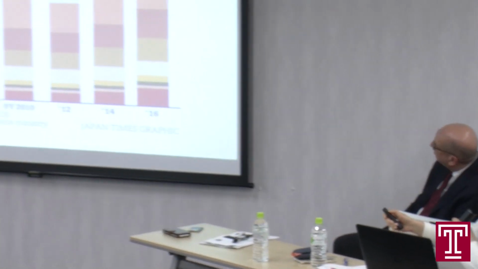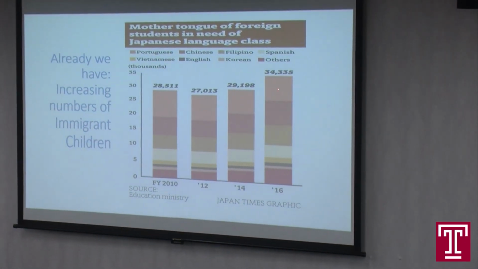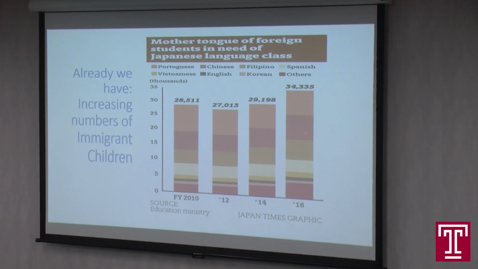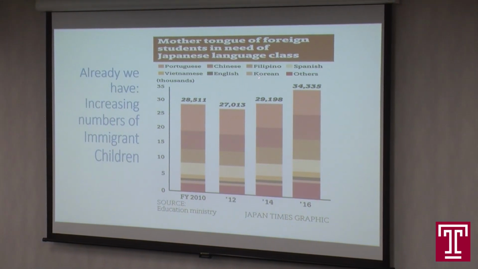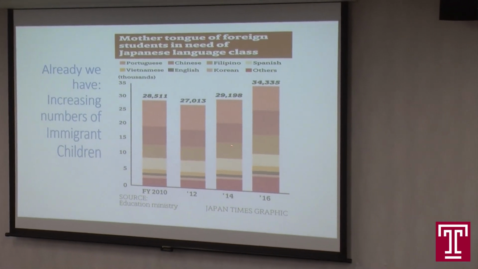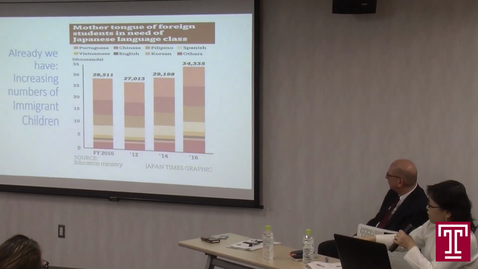And we already have an increasing number of immigrant children at schools. You see that Portuguese background students are still the largest number, but we also see an increasing number of Chinese background students. Filipino and Vietnamese background students are also increasing.